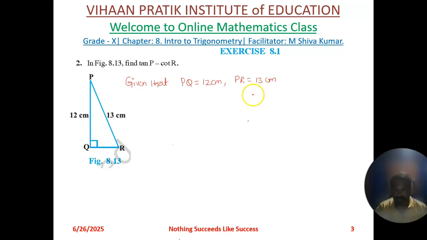Same here again, the perpendicular side is given, the hypotenuse is given. We don't know the third side, QR. So let's find QR using the same Pythagoras theorem.